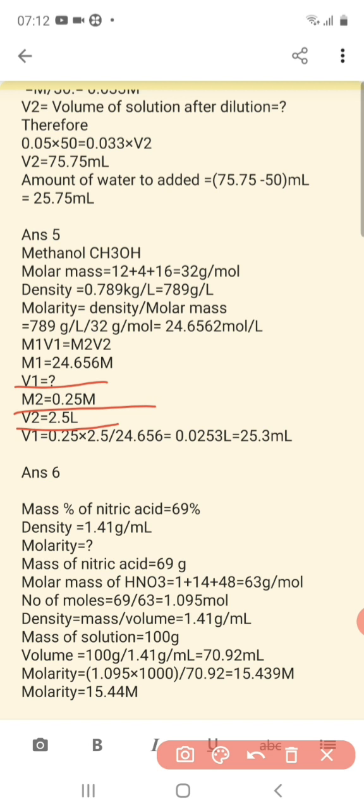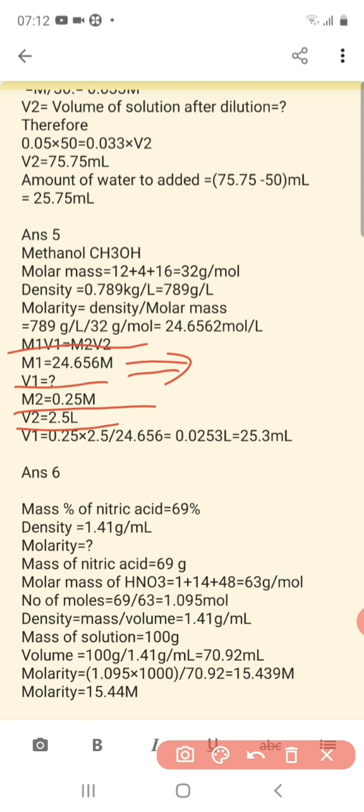Now let us substitute the values in M1V1 is equal to M2V2. After substituting, we have to find out the volume V1 that is required from the solution having molarity 24.656 molar, so that it may be diluted to 2.5 liter having molarity 0.25 molar.